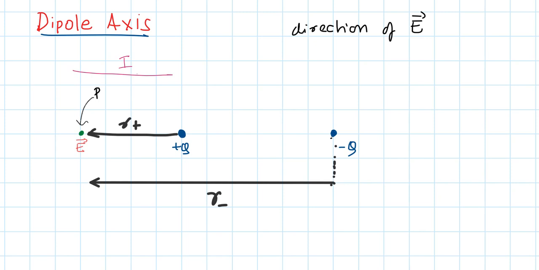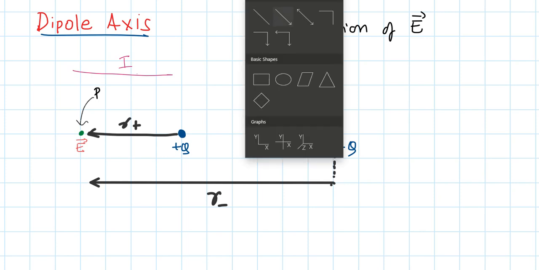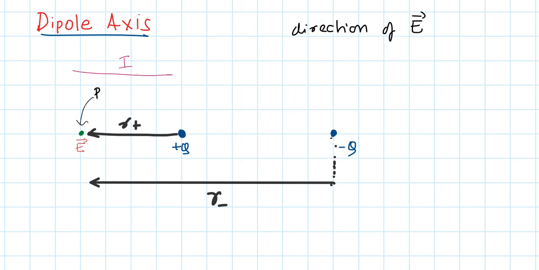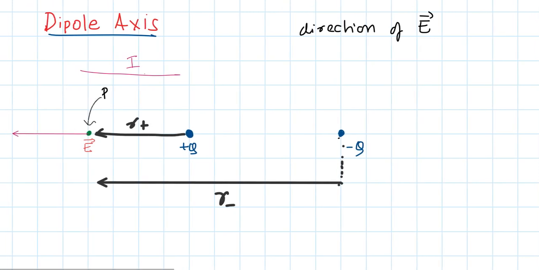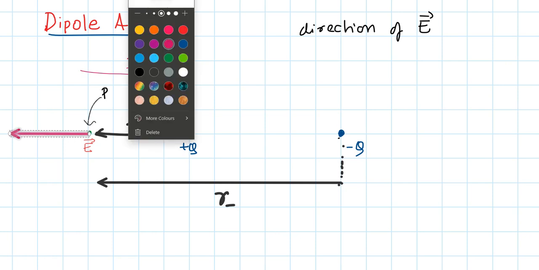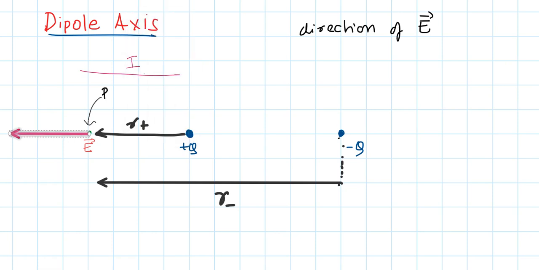So when you are representing it with a vector, remember to have the electric field vector due to the positive charge be larger in comparison to the electric field due to the negative charge.